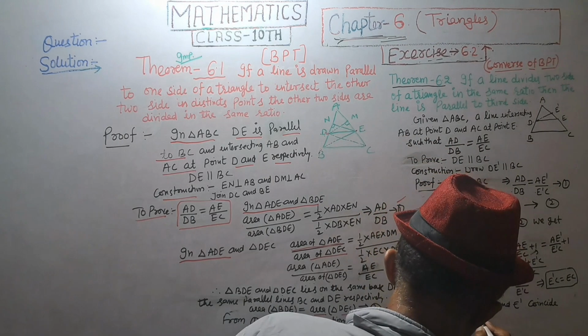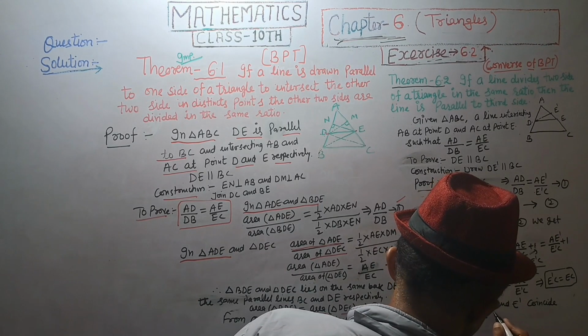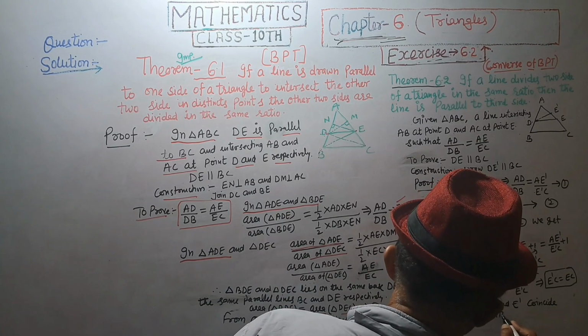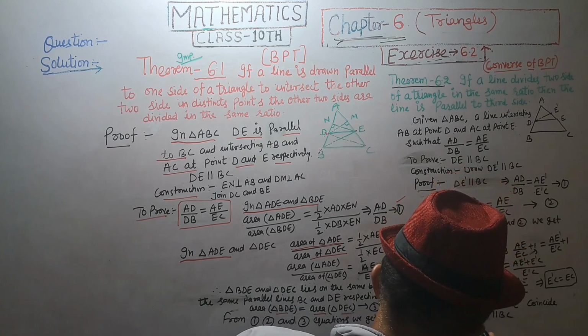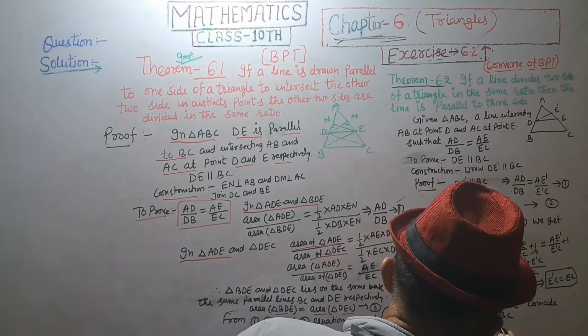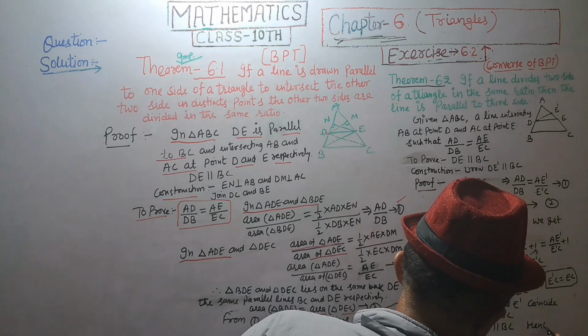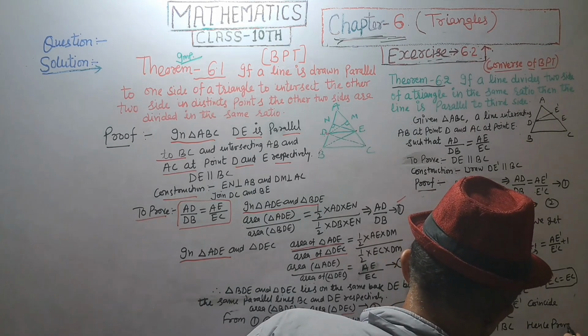So DE dash is parallel to BC, DE is parallel to BC, hence proved.